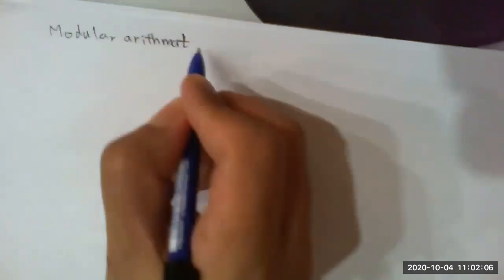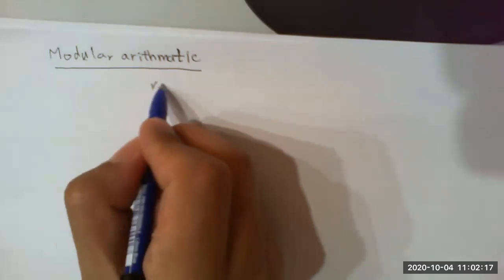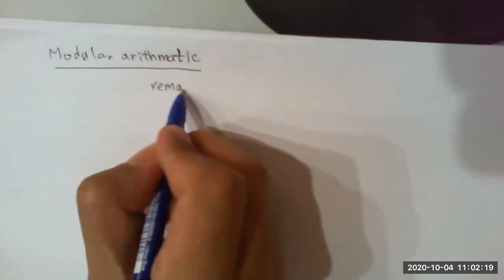Modular arithmetic is talking about the remainder only. Just care about the remainder.